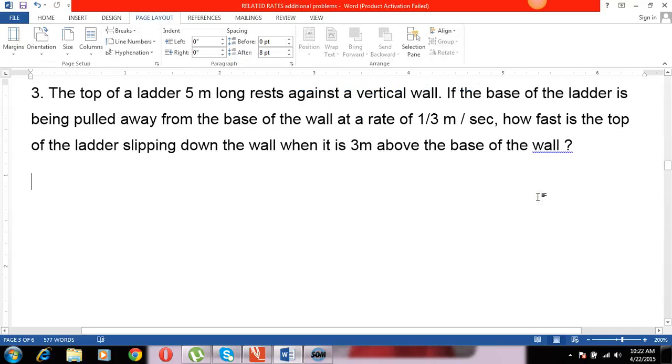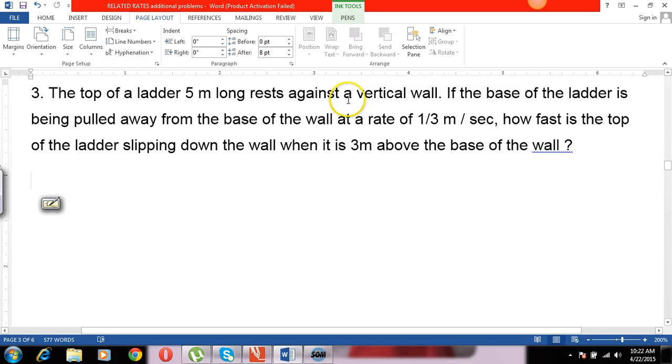Okay, the third one is related to the ladder, the application of real life. We have a ladder, 5 meter long, that rests against a vertical wall.